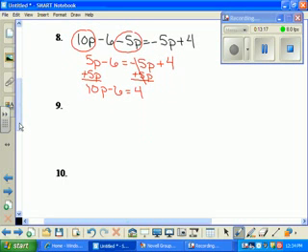So now I'm stuck with 10p minus 6 equals 4. So you get 10p equals 10. Now what? Divide by 10 on both sides. You're going to get 1. Okay. You're checking it.